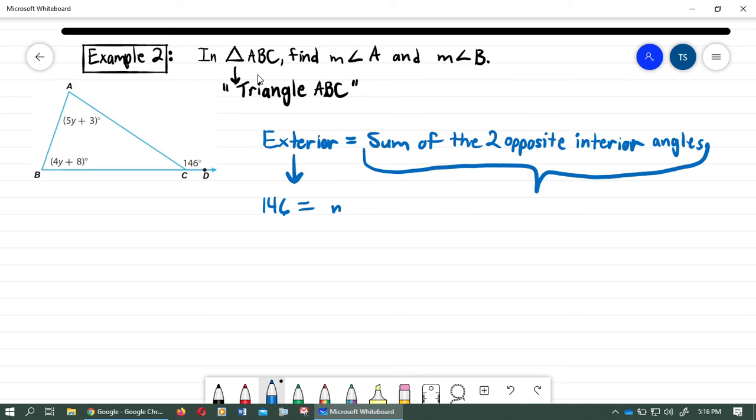And so they're talking about the measure of angle A, and we know that angle A is this angle right here, and I'm going to erase that. So we know that angle A is that interior angle. So they're talking about the measure of angle A plus the measure of angle B.